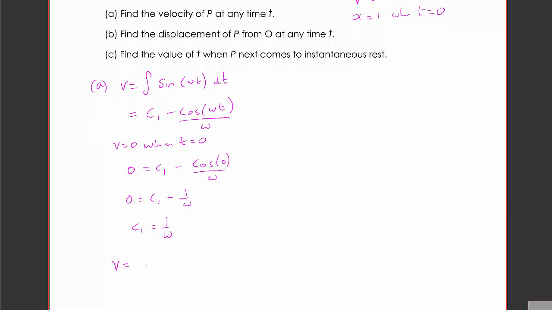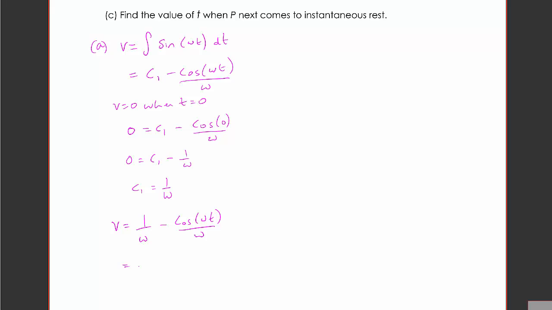So the velocity is 1 over ω, take away cos(ωt) over ω. We could make that into a single fraction. In fact, let's just do that: (1 take cos(ωt)) over ω.